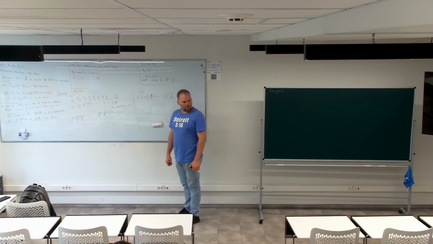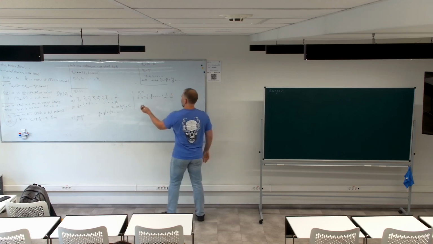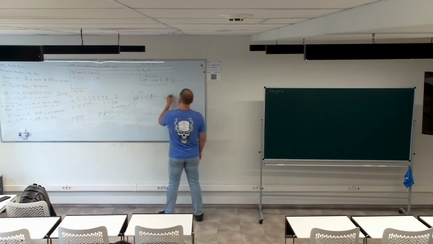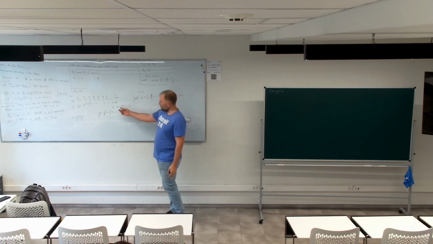And so there's a bit of a problem, because the limit as n goes to infinity of this is finite, and the limit as n goes to infinity of log n is infinite.